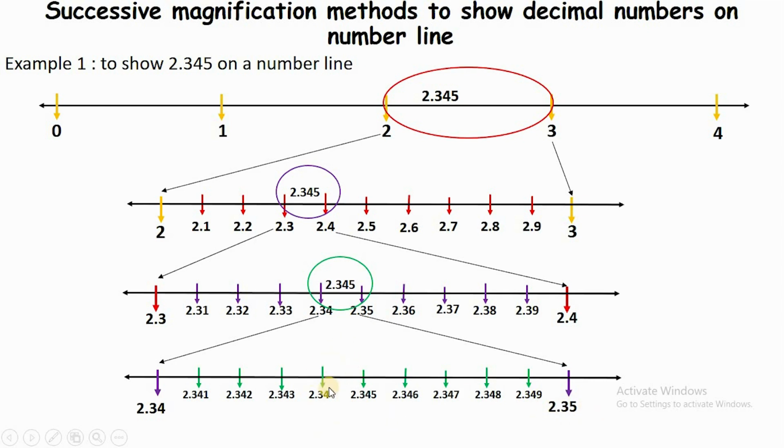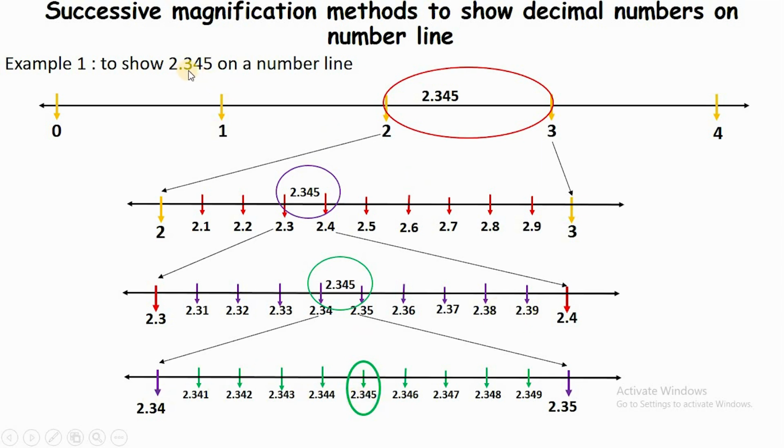So here now we get the required number on the number line, that is 2.345. Here we are done with the first example. We have shown the number 2.345 on the number line.